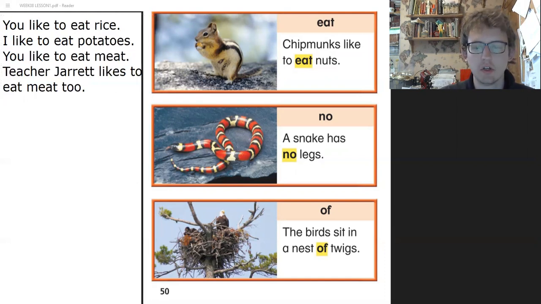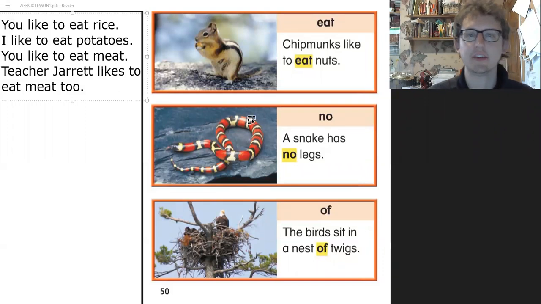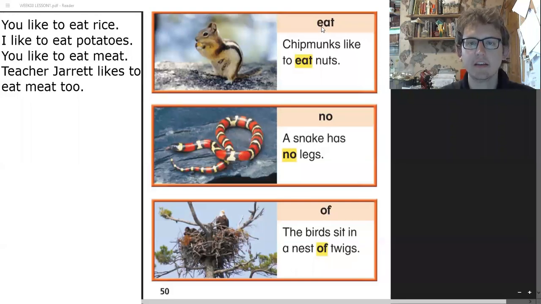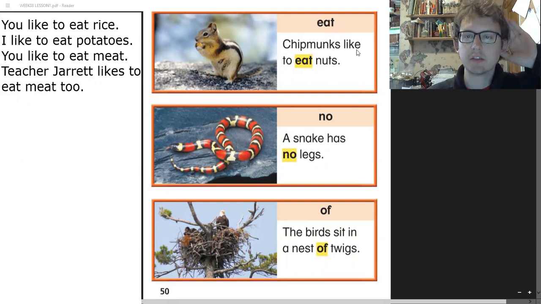Now let's practice all of this together, okay? Ready? Eat, E-A-T. Chipmunks like to eat nuts.